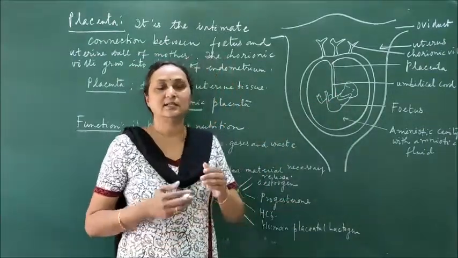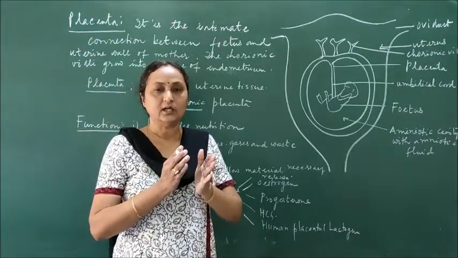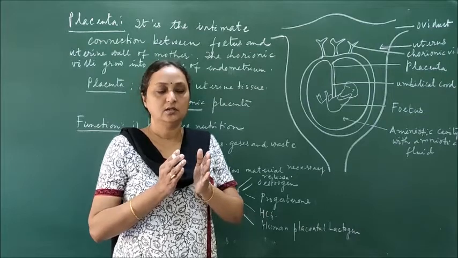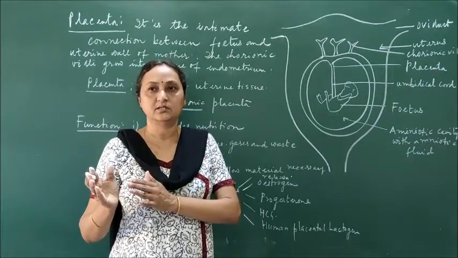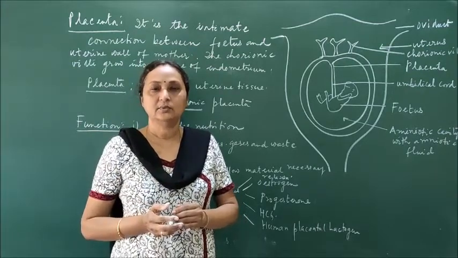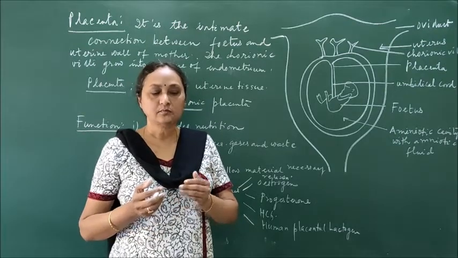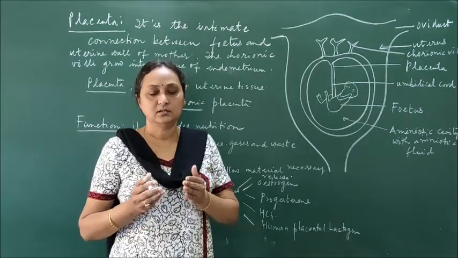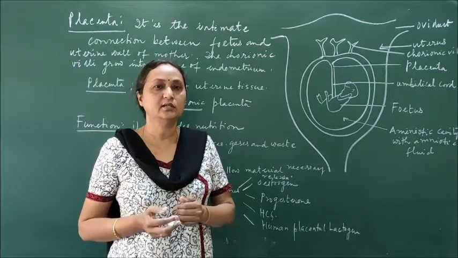So the placenta is acting as a barrier between mother and the fetus, and it allows only those materials or compounds which are necessary for the growth and development of the fetus. Others are not allowed to cross the placenta. But many things, for example, suppose you take drugs, are transported with the help of the placenta to the fetus. Like, suppose you take nicotine.